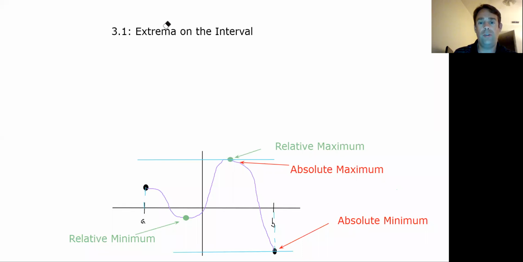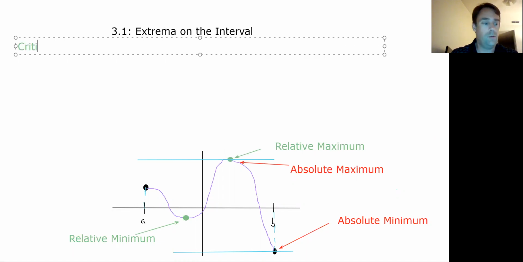So now let's add a little bit more language to this. We're going to talk about something called a critical number. A critical number. These are x values where there are either horizontal tangent lines.